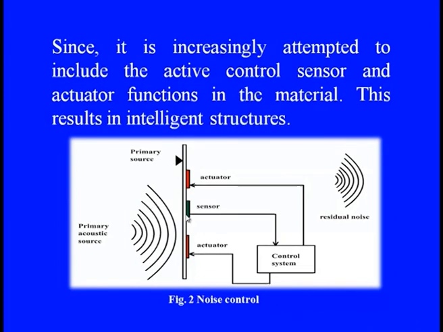So whether we are talking about the primary acoustic source, or the residual noise, or balancing each other for this acoustic feature or for vibration features, the sensor and actuator coupled with the automatic control system or electronic control system provides a clear balancing, through which we can cancel out the noise or the vibration in the system itself.